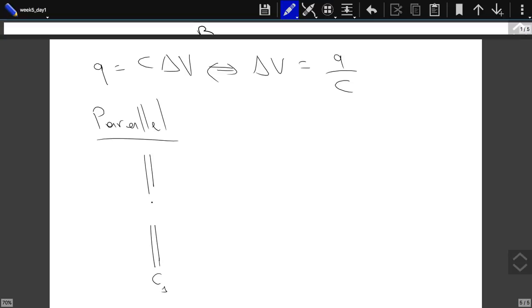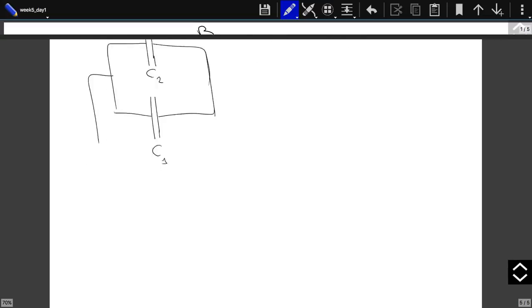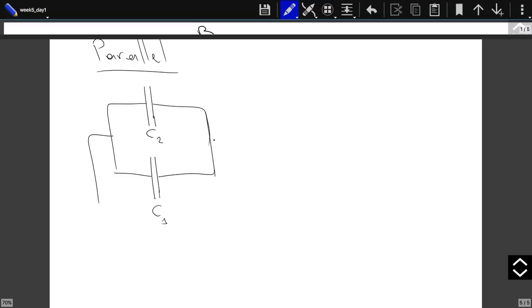Let's say this has capacitance C1, and the other one has capacitance C2. And we connect these plates by the same wire, and these plates by the same wire. And then we apply some potential difference between the two.